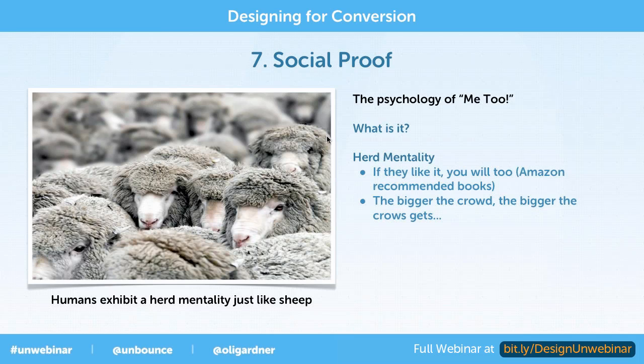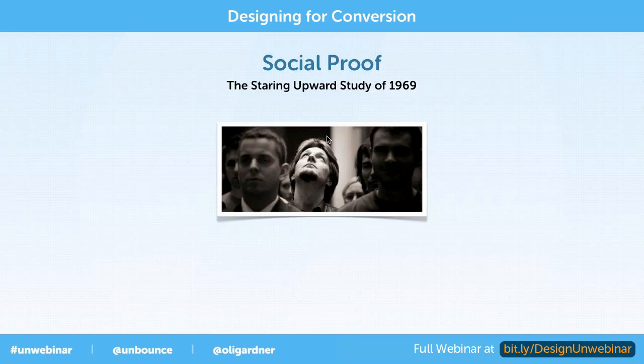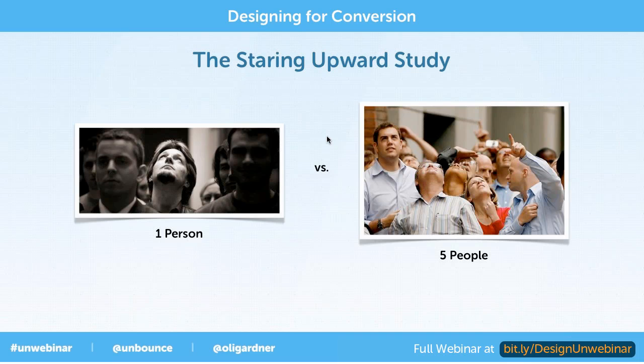So here's a really interesting example of a case study. This was done in 1969 in New York City. The concept was to have a man staring into the sky on the sidewalk to see how many people would stop and join in what he's doing. So they started with one person, and then they went to 5 people. I mean, there's more than that in this photo, but Google Images failed me here.